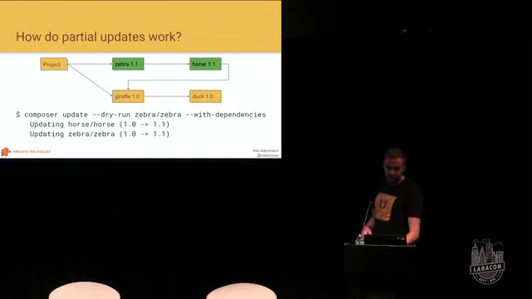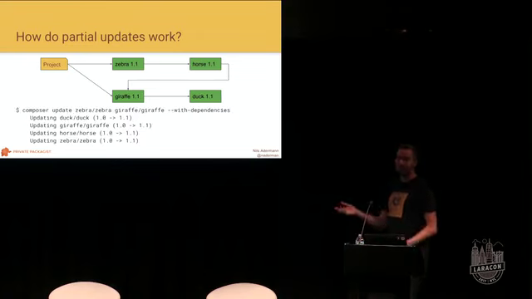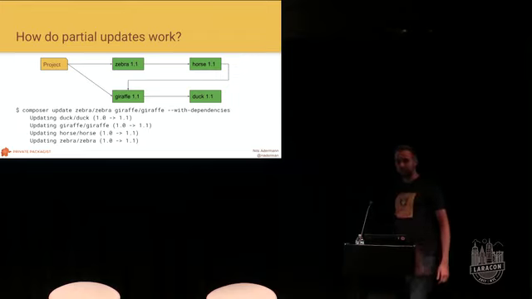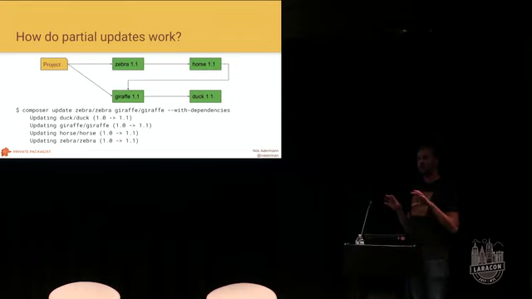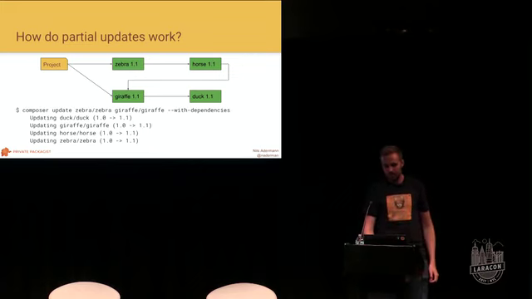So to upgrade Giraffe 2, you would have to update both of those. Or rather, because we're trying to do it with the dependencies, add the with dependencies, and then it would update all 4 of them. Right? So you have to do this for each direct dependency of your project, but not for the ones that they depend on.